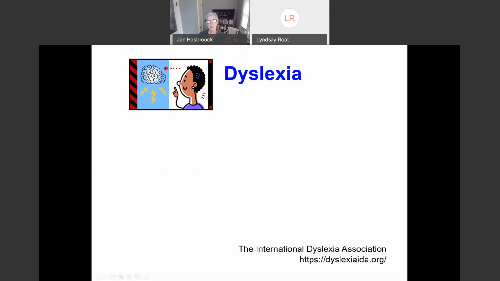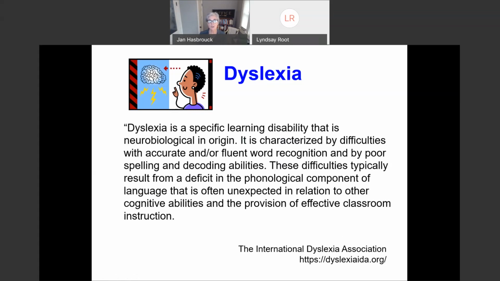The International Dyslexia Association came up with a definition that is probably the most widely used and certainly most widely referred to definition of dyslexia. And here we're going to go over it in the time we have today. Their definition starts with the idea that the fact, not the concept, not the belief, but the fact, we now know that dyslexia is a specific learning disability that is neurological in origin, meaning that you're born with it.